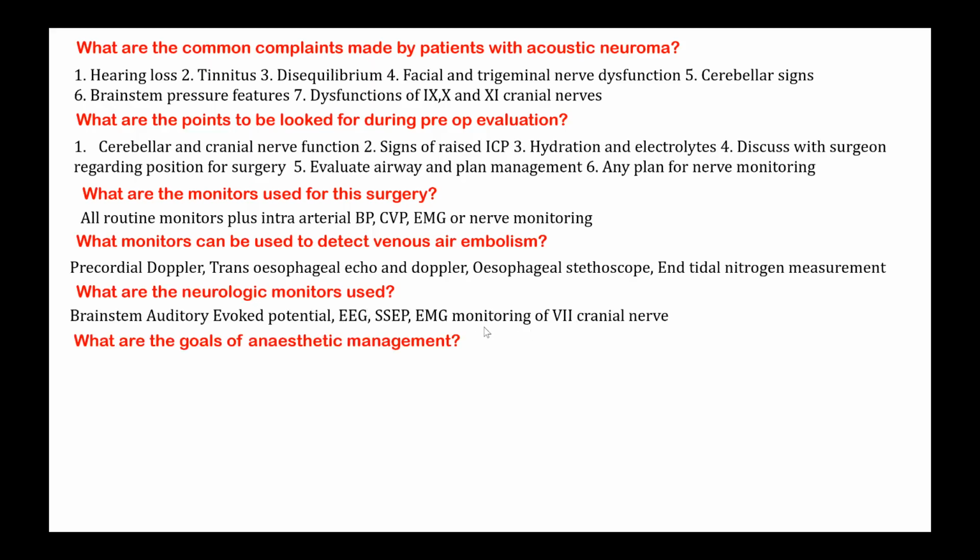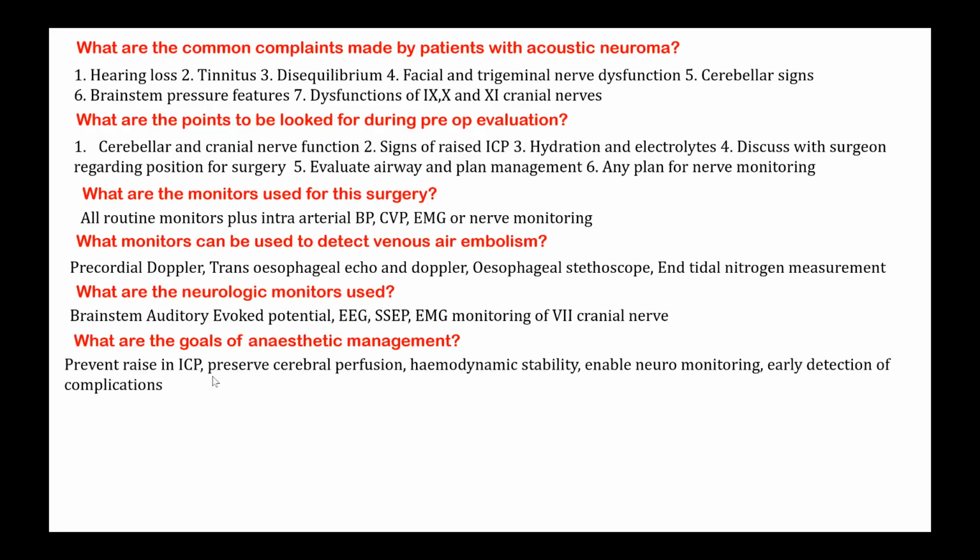The goals of anesthetic management are to prevent ICP rise if the patient already has features of raised ICP, by careful induction and use of mannitol or dexamethasone and diuretics if necessary. Of course, the raised sitting posture itself will help in somehow reducing the ICP. But in your anxiety to reduce ICP, you should not jeopardize the cerebral perfusion.